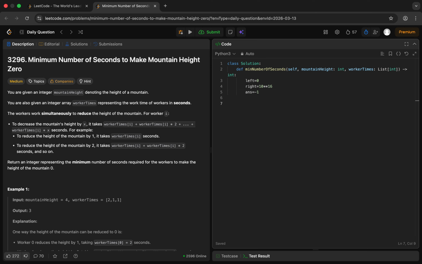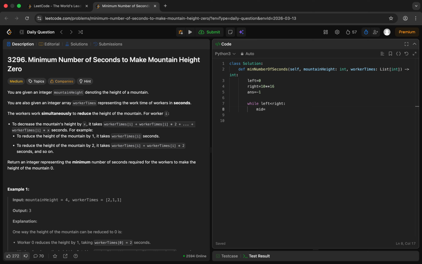Now simply do the binary search. While left is less than right, let's first take the mid value.